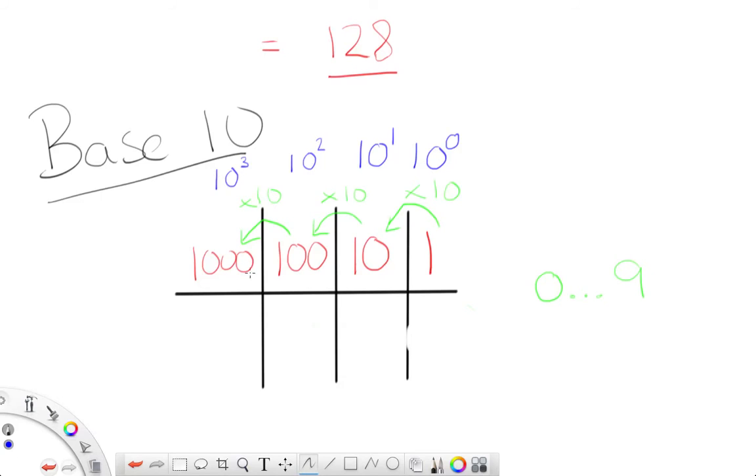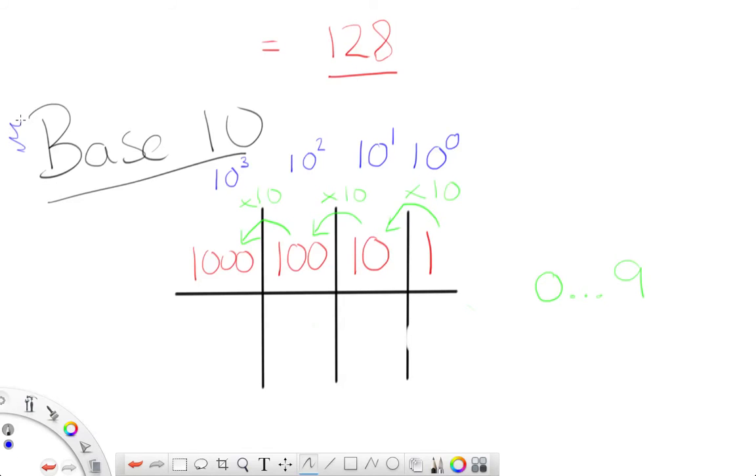So the blue writing here and the red writing are basically saying the same thing. Anything to the power of 0 is 1. Anything to the power of 1 is itself, and then we go up by powers. The next one will be 10 to the 4, 10 to the 5, 10 to the 6, and so on. They're just going up by 1 each time, which is really saying the same thing as this, but they're being multiplied by 10 each time.